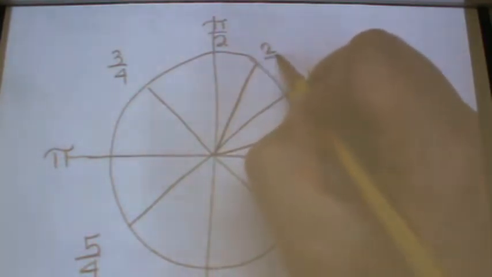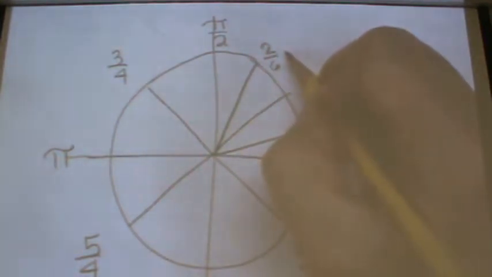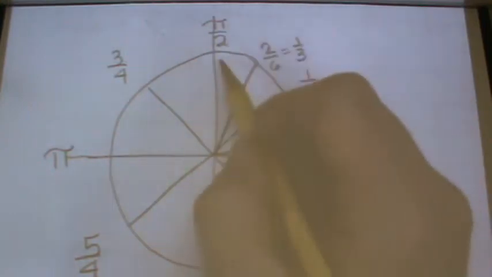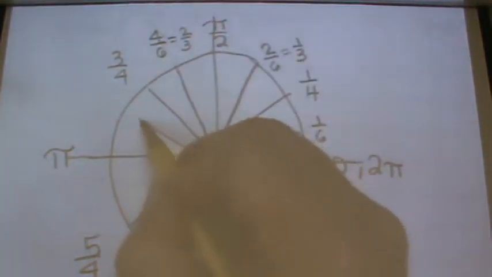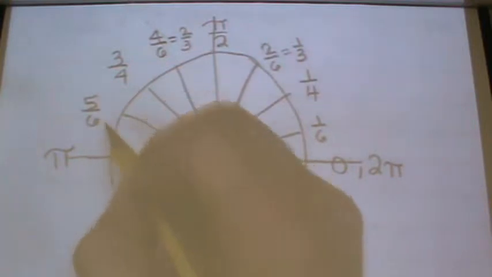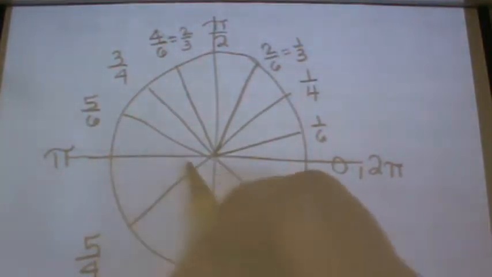Let's do the 6s. 1/6, 2/6. Can you rewrite 2/6? 3/6, 4/6. Can you rewrite 4/6? Yeah. 5/6, 6/6.